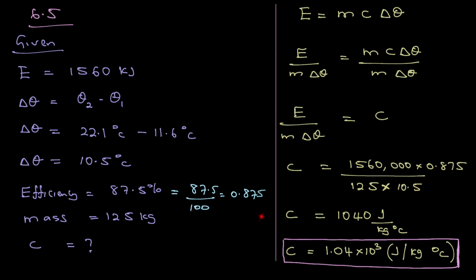And then we divide it by the mass, which is 125 kilograms, and times it by the change in temperature, 10.5. And that gives us 1040 joules per kilogram per degree Celsius. And that can be written in standard form as 1.04 times 10 to the power 3 joules per kilogram per degree Celsius.